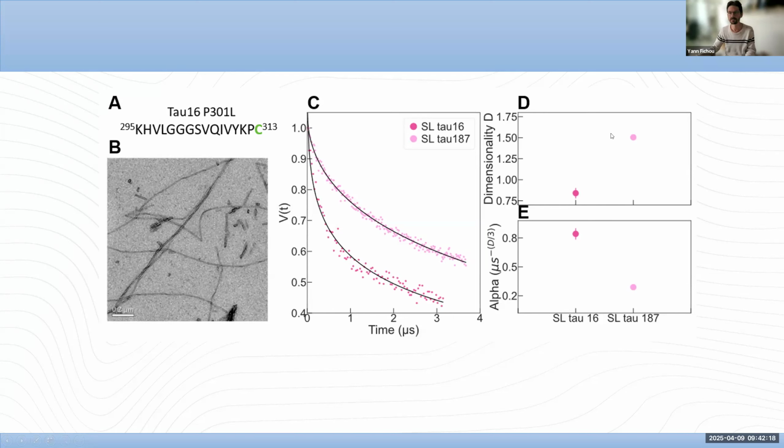So we seeded this tau 187 with something that is well packed, and we measured again these parameters. And what I'm showing here is now the same protein, tau 187, that you seeded with a better template, and we see that although we don't reach the quality of the template, we do see an increase of dimensionality that we think really relates to this idea of templating a good structure.